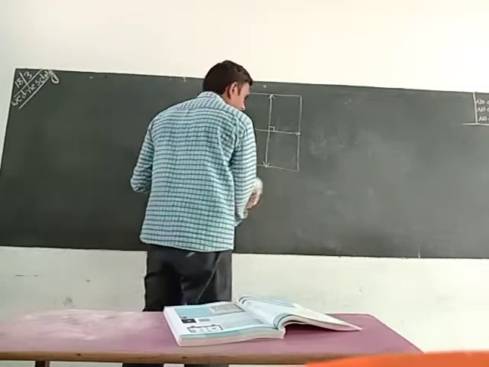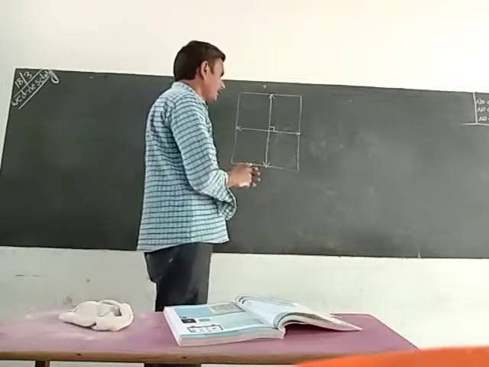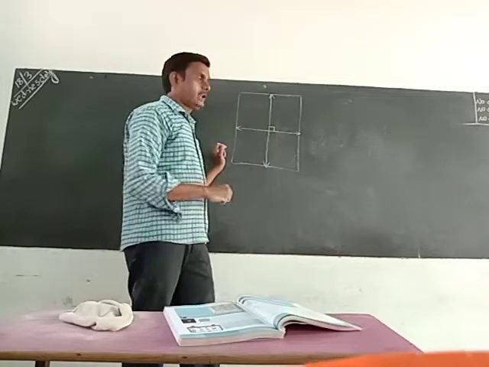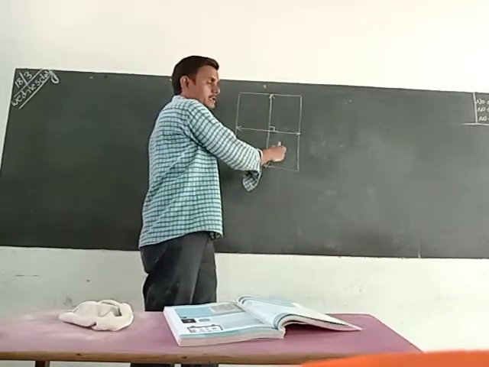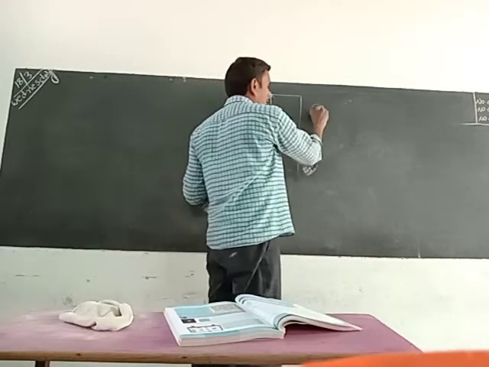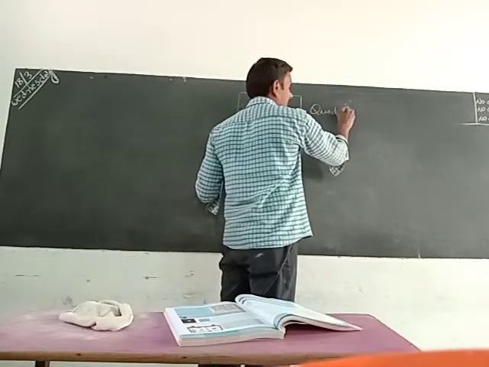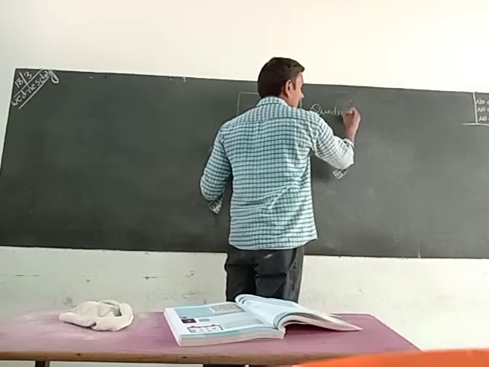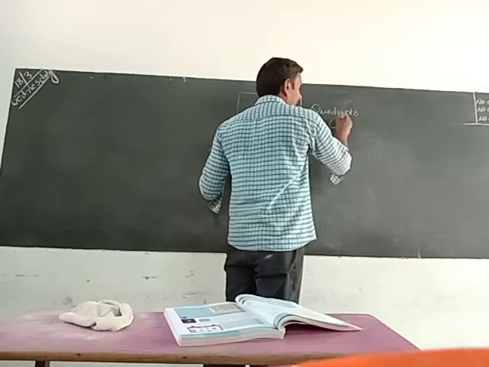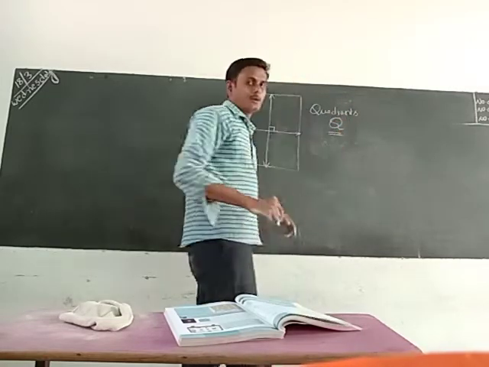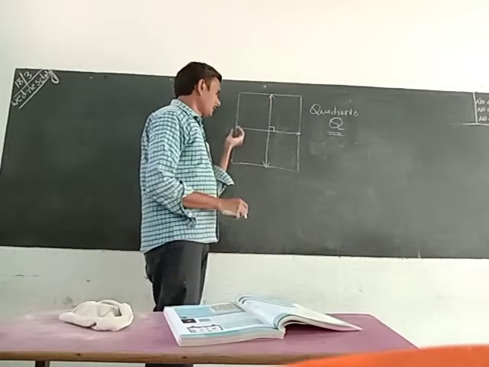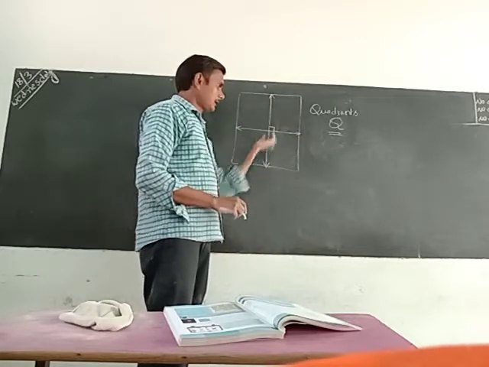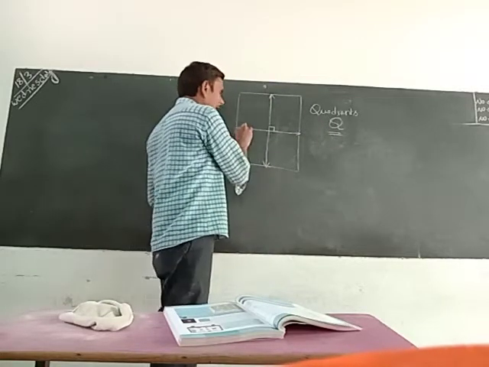Whenever you take a Cartesian plane, it is divided into 4 parts. These 4 parts are called quadrants. Quadrants are denoted with the letter Q. This is one line, this is another line. This is the horizontal line.